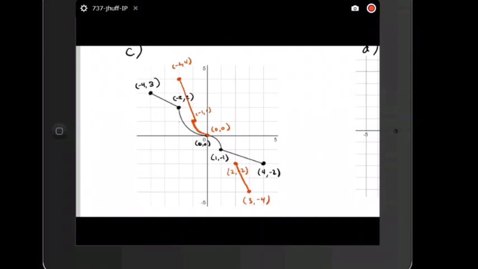And then we can just verify that it's a reflection across that line right there, the line y equals x. And just looking at that now, let's see.